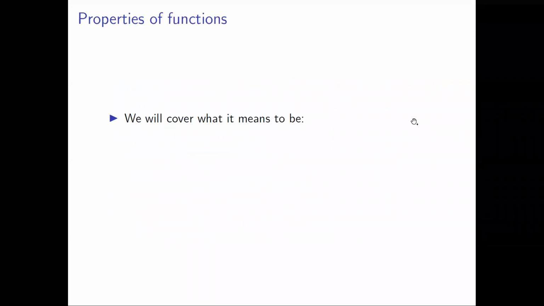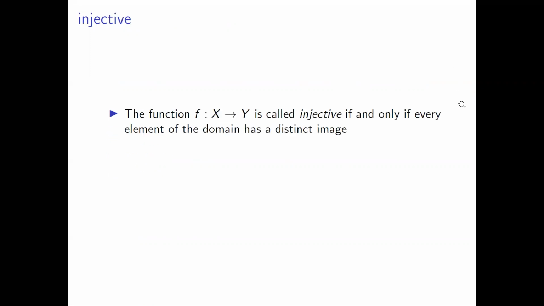So now we're going to consider some properties of functions. Like we did with terms like domain and codomain, we will see some examples so we can study these properties. The properties we're going to look at are injectivity, surjectivity, and bijectivity. First, let's start with what it means to be injective.